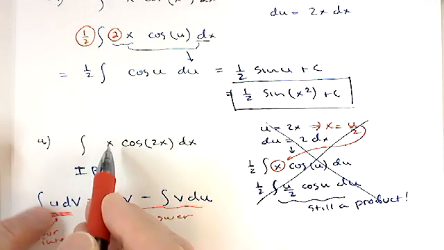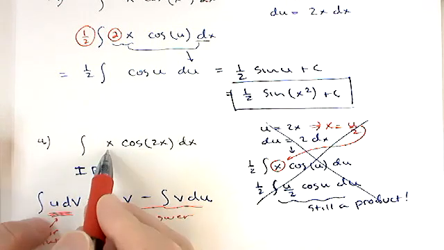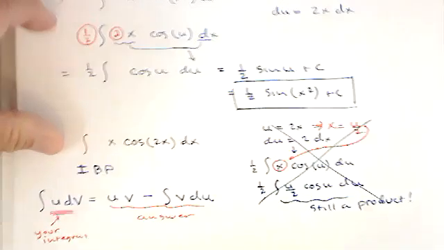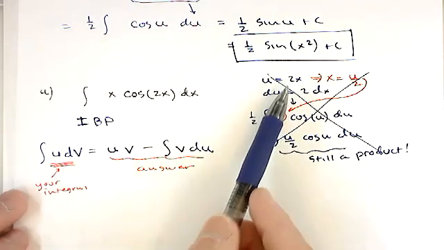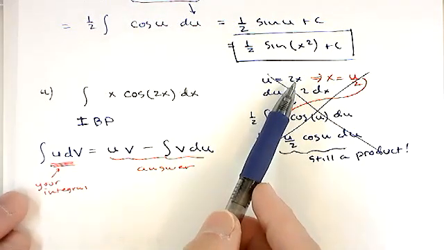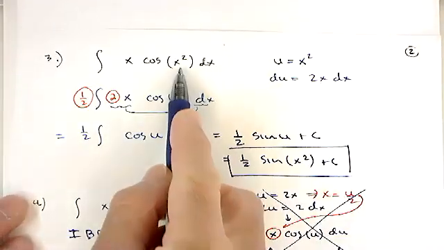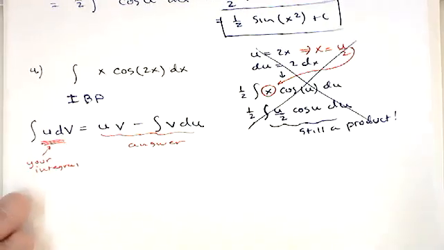I don't necessarily have to have this be u and this be dv, right? It could be that this is u and this is dv. So what does that depend on? When I pick my u and dv here, I'm not picking it for the same reasons I choose u on a regular substitution. When I choose u on a regular substitution, I'm focusing on the derivative showing up somewhere else, but not when you're doing integration by parts.